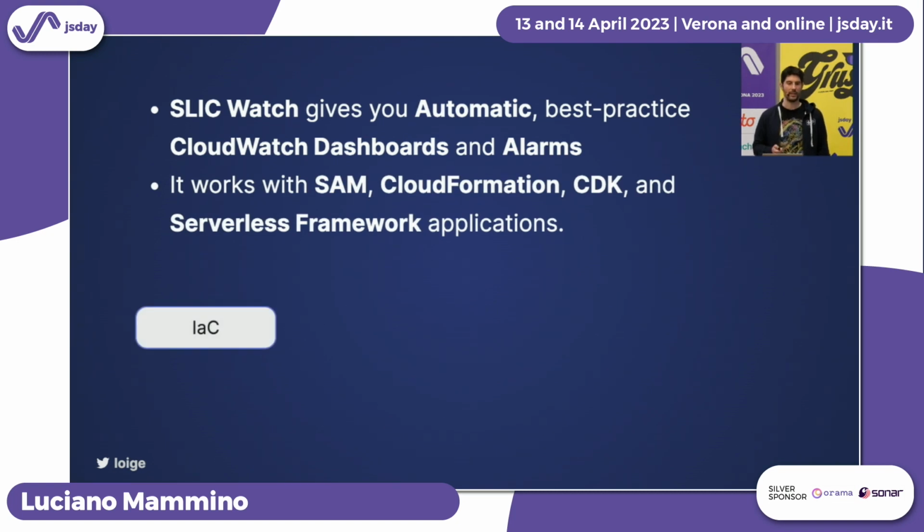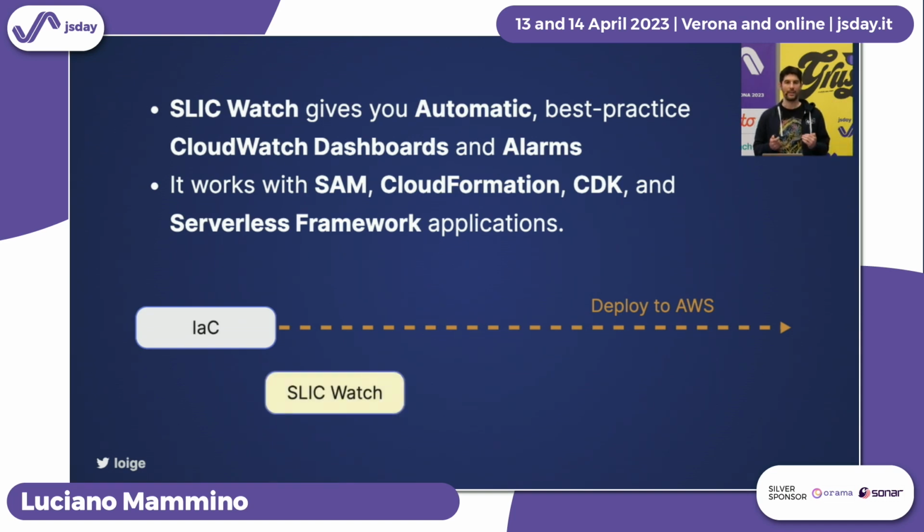So the way it works is that if you do infrastructure as code, you generally take that and deploy it to AWS. With SlickWatch, you have a step in between which is capable of looking at your infrastructure as code and understanding what's inside it. So for instance, it's going to be able to see, okay, you are using a Lambda, you are using an SQS queue, you are using an SNS topic.